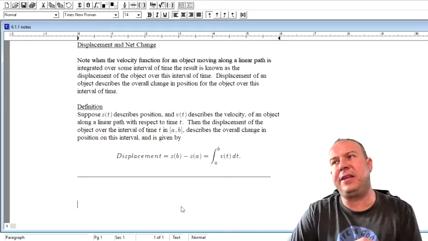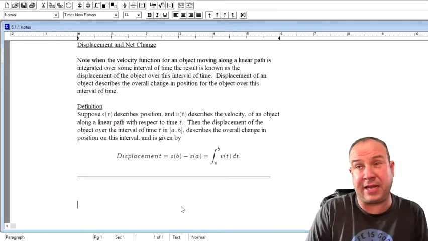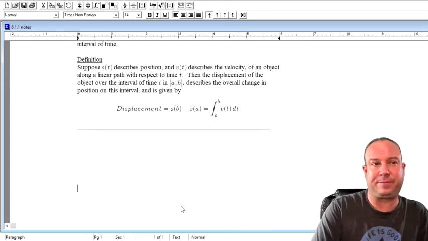We are calculating the overall change in position in either the positive or the negative direction.